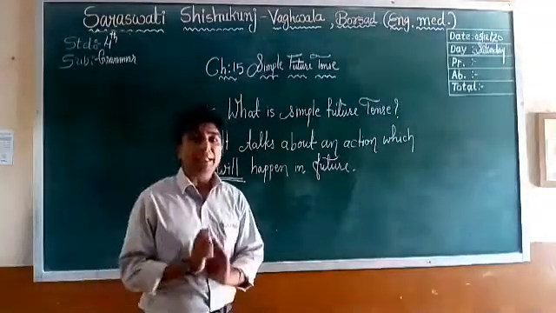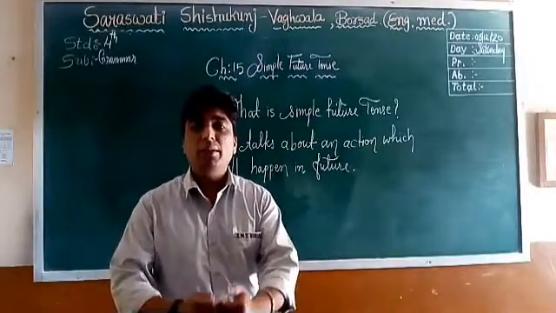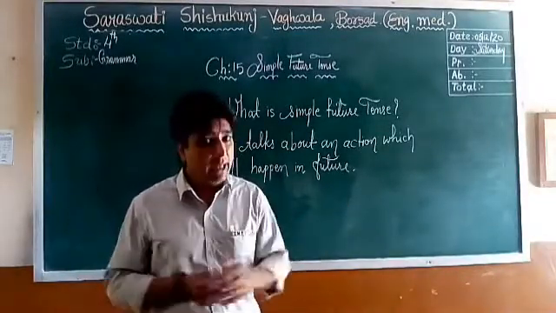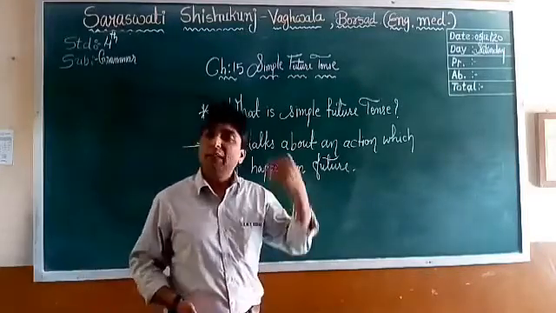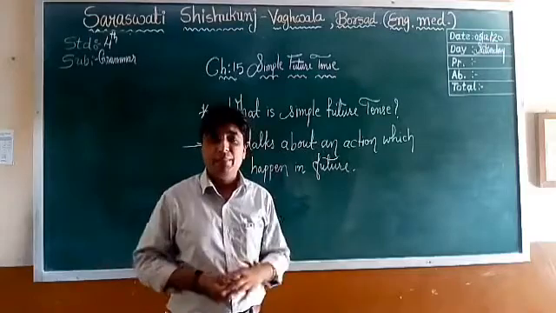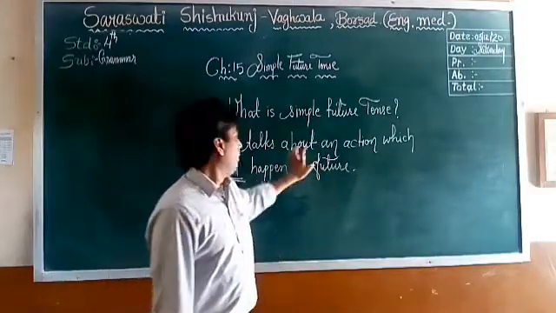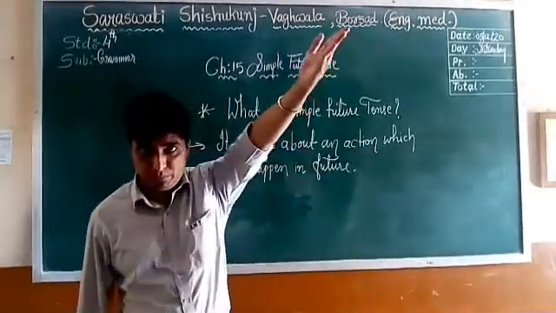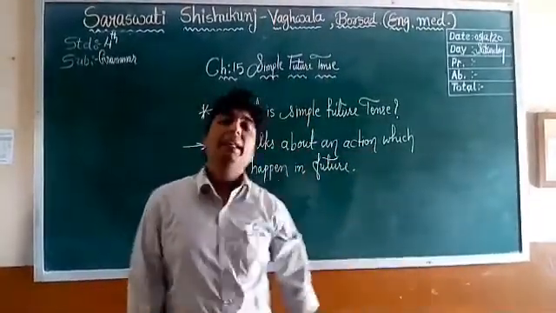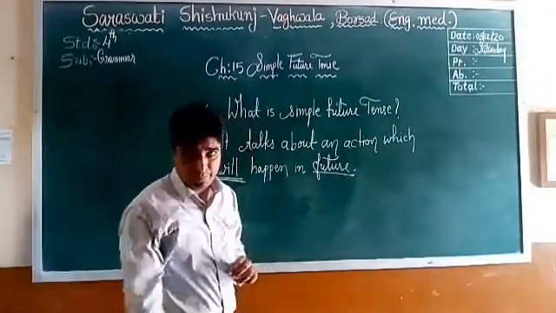Now I hope it is clear. Present means activities going on right now or in our day-to-day life. Past is an action which has been completed in past time. And future tense means an action which will happen in the future.